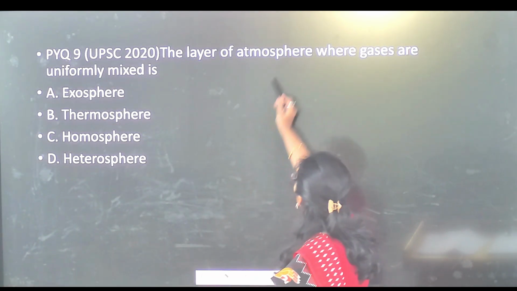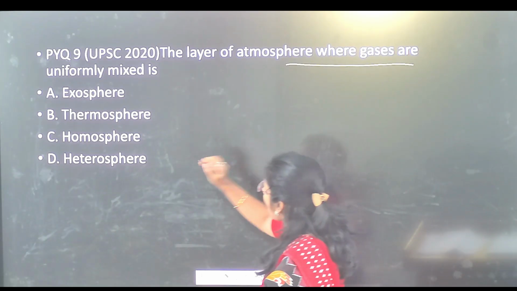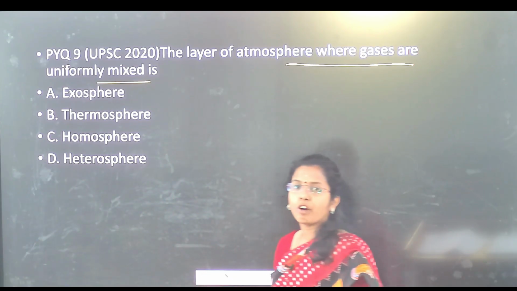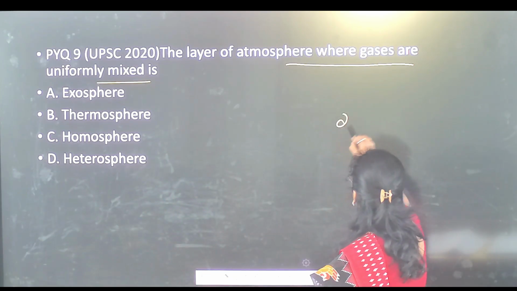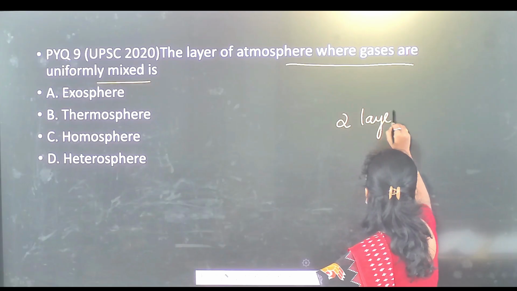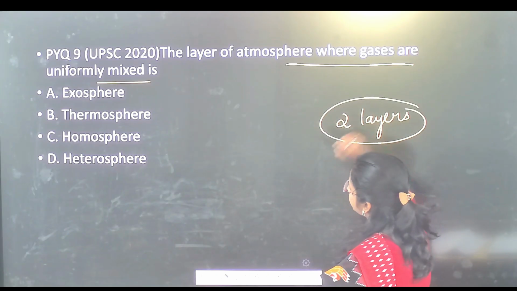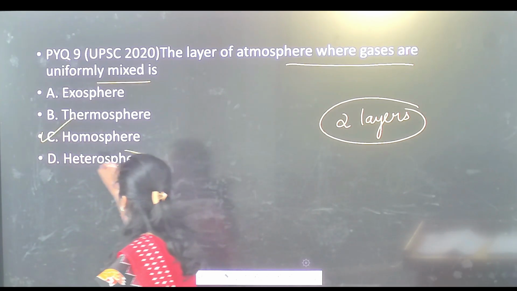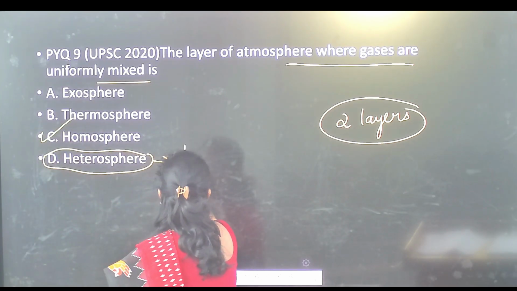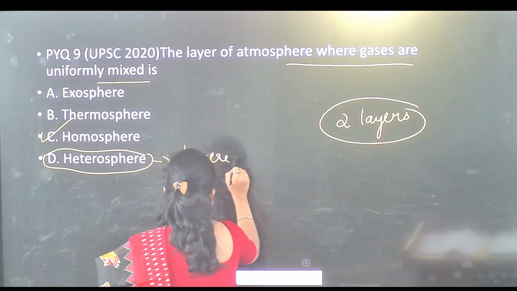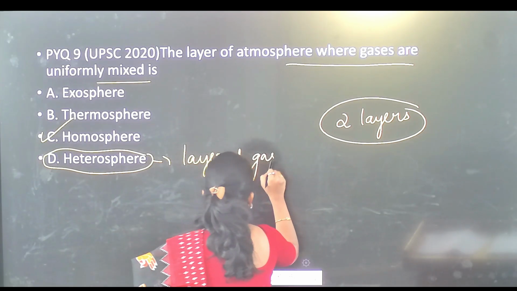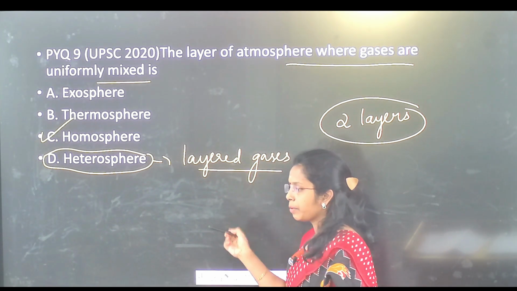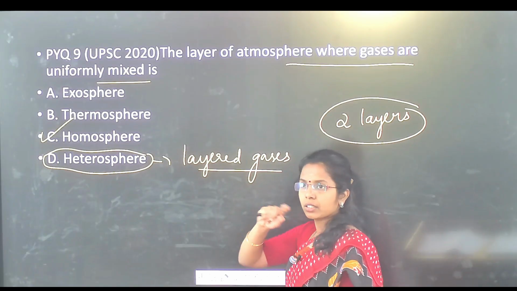Next, the layer of atmosphere where gases are uniformly mixed. We have seen 2 layers. Uniformly mixed layer is homosphere. In heterosphere, gases are layered based on their weight, based on their mass; we will see stratified layers of the gases.